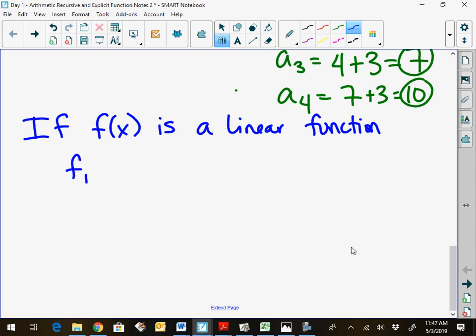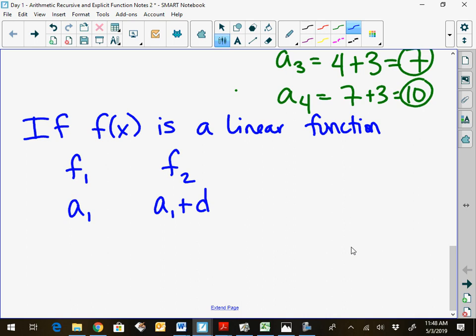Then our second term, we could say f sub 2, and so on. So f sub 1 would be our a sub 1. But then our f sub 2 would be our initial value plus the difference that we had. So notice how on both of these examples we added 3. Now we could have had different examples where we subtracted 3 or added 2 or any kind of whole number that we're adding.